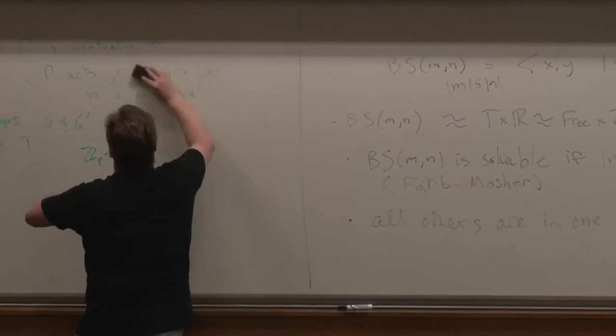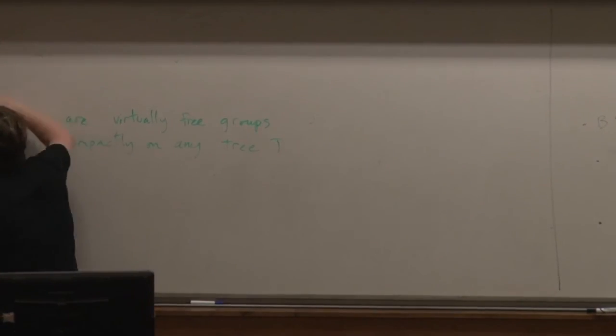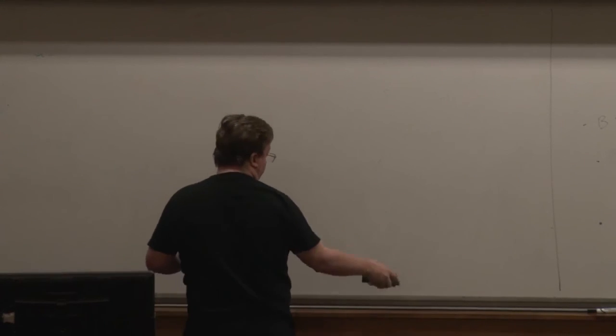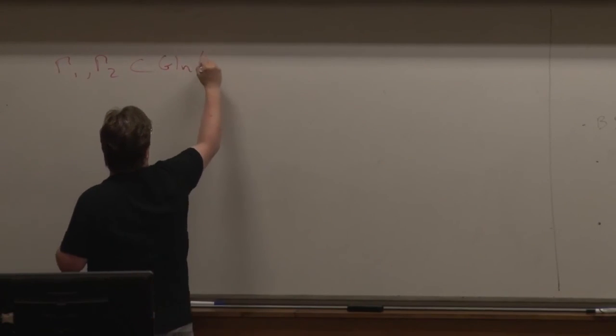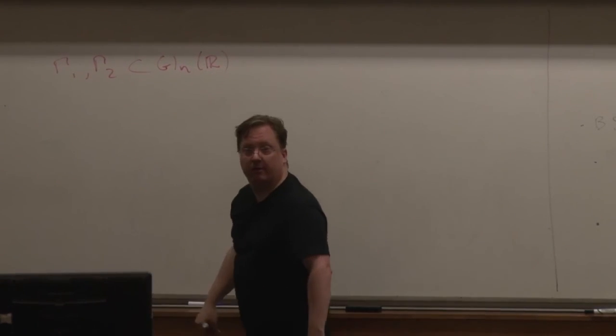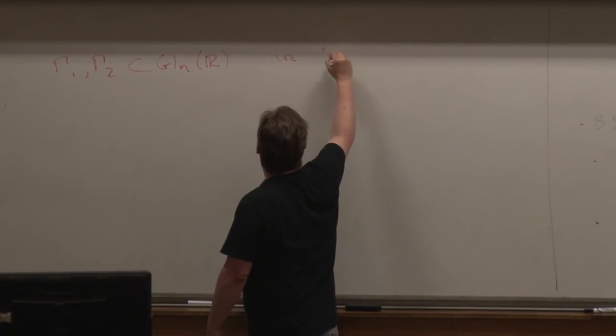There's an intermediate thing between being commensurable and being QI. It comes up in this classification here. You could talk, say, about two groups inside of GL(n,R). I'm not even sure what to call it, interior QI.